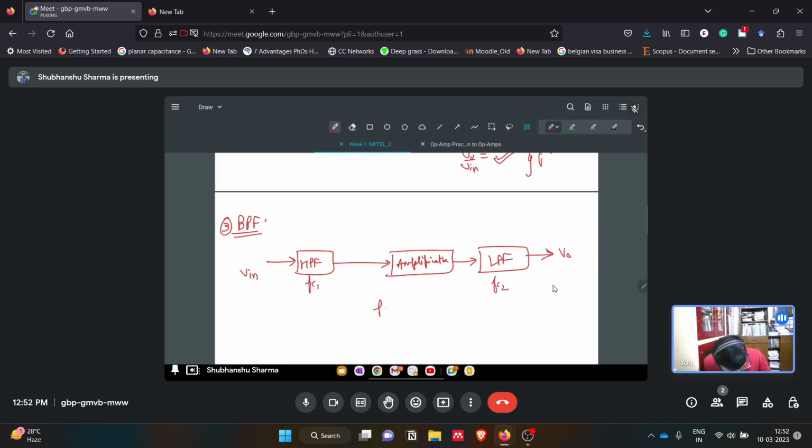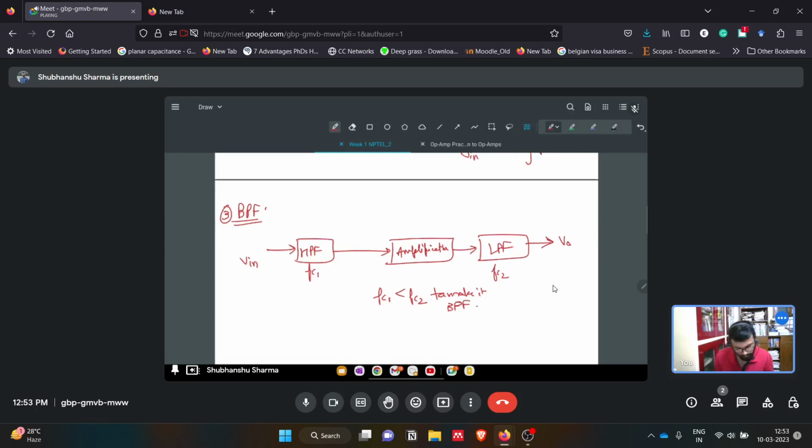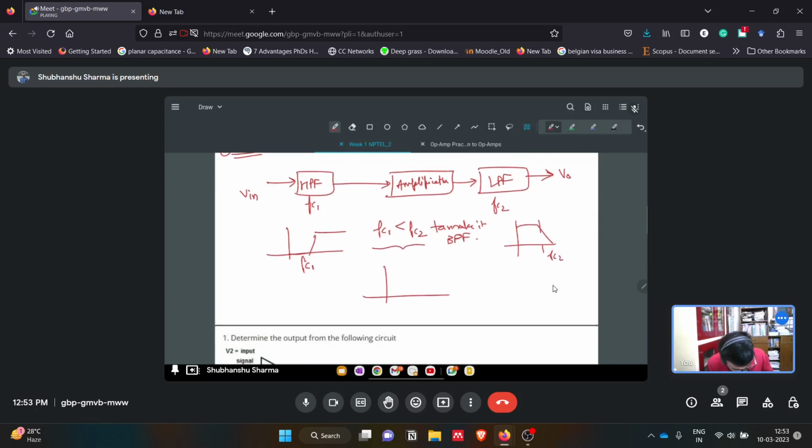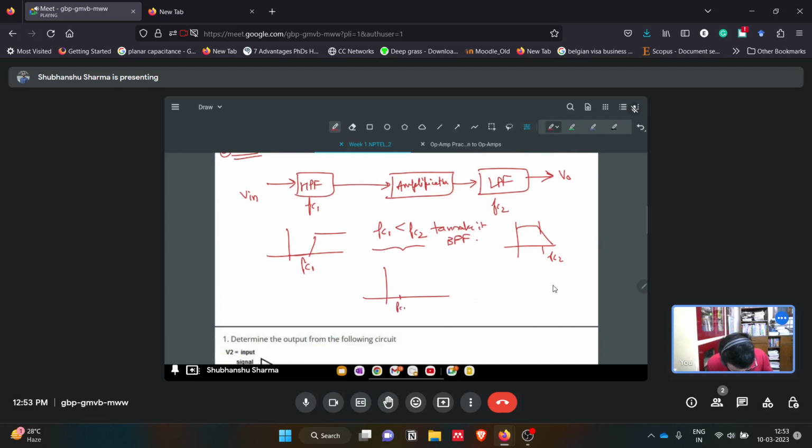In this case, FC1 should be less than FC2 to make it a band pass filter. FC1 is here, FC2 is here, something like this.